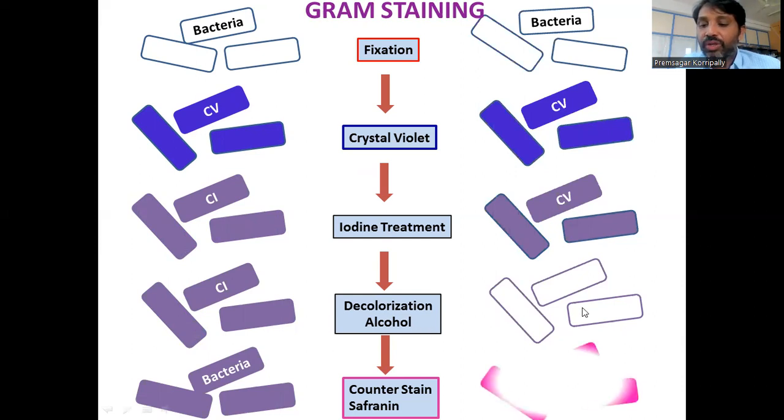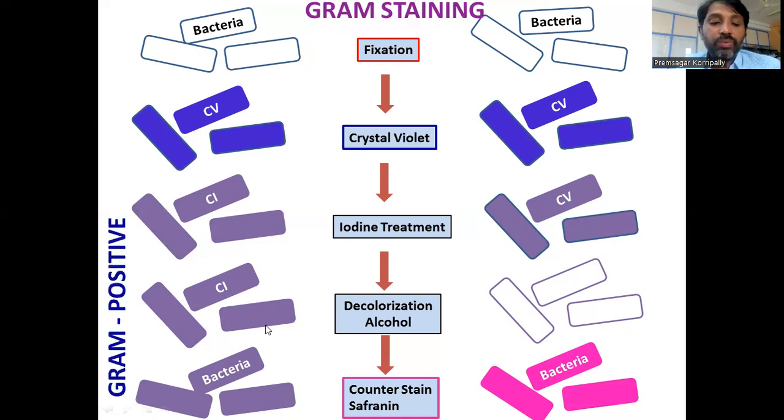If that is the case and you add the counter stain, then the decolorized bacteria retain the counter stain. Now, if you look under the microscope, certain bacteria look blue to purple, and certain bacteria look pink or red.